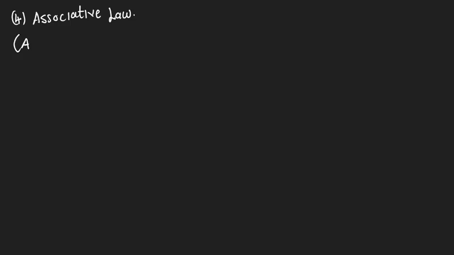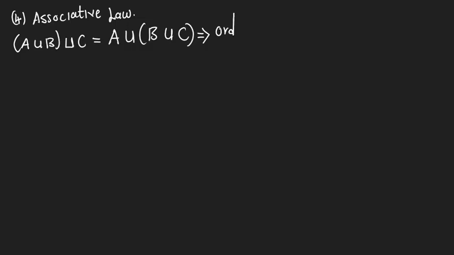If you've got A union the open bracket of B union C, this can also be written as A uniting with the open bracket of B union C. This law implies that the order or grouping of sets doesn't matter.